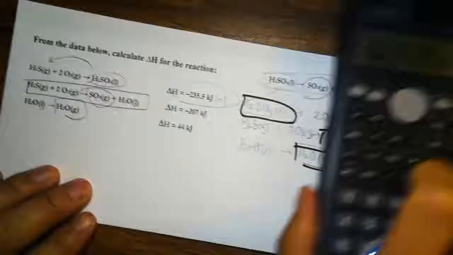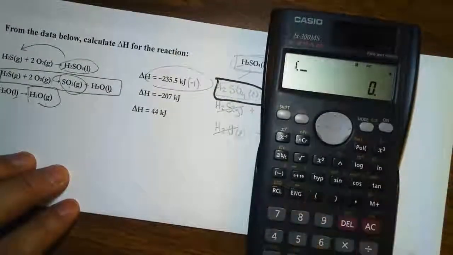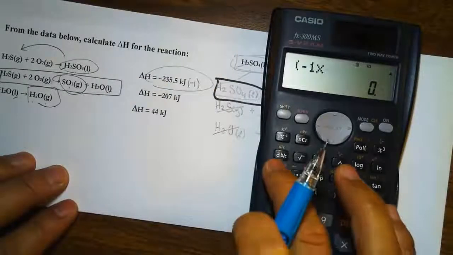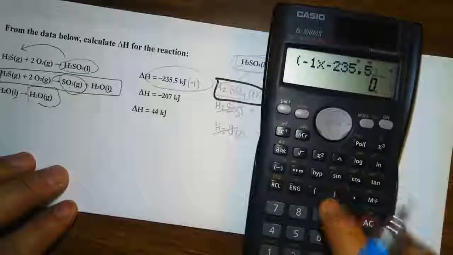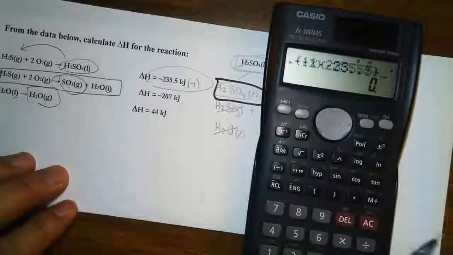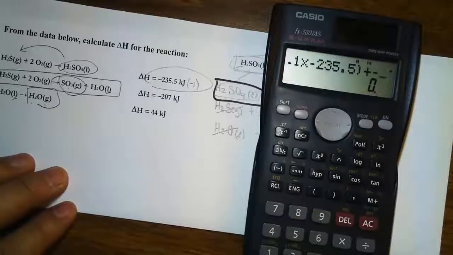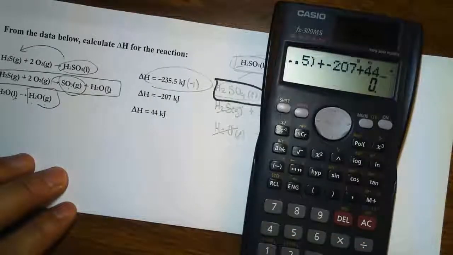So let's use our calculator and plug them in. Of course, we use parentheses and plug everything in. We have -1 times that negative answer, which is -235.5, parentheses to group that together, and we just add negative, okay, remember, don't use this minus sign as a negative, 207, add 44, and that gives us our answer.